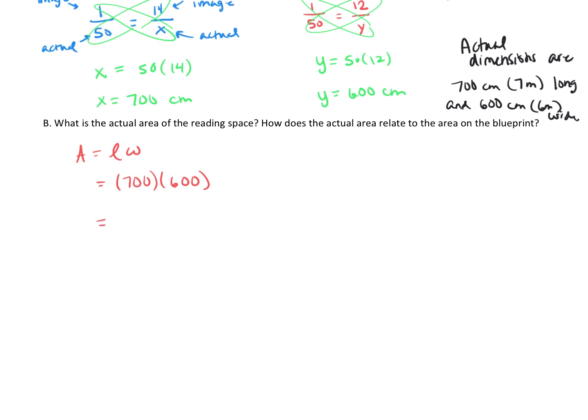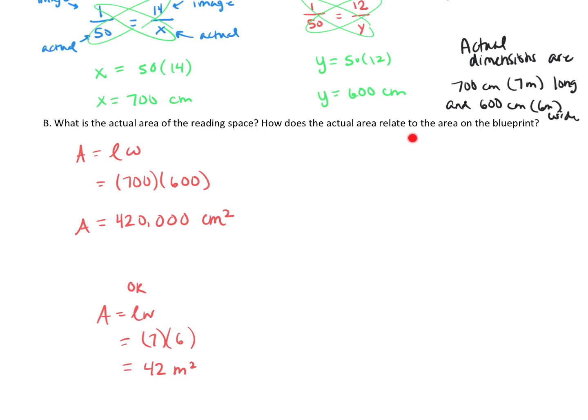If we multiply that out, we get 420,000 centimeters squared, because it's an area measurement. Or if we were to work in the meters, area equals length times width. We had 7 meters by 6 meters, and we get 42 meters squared. So that is the actual area.